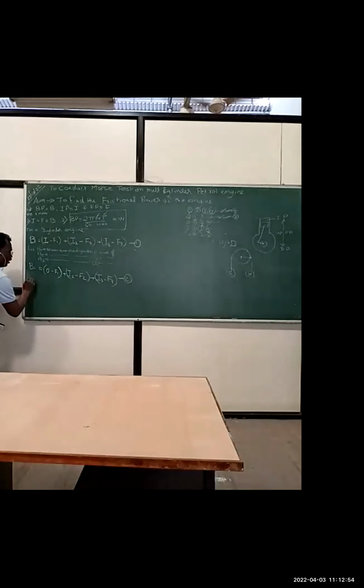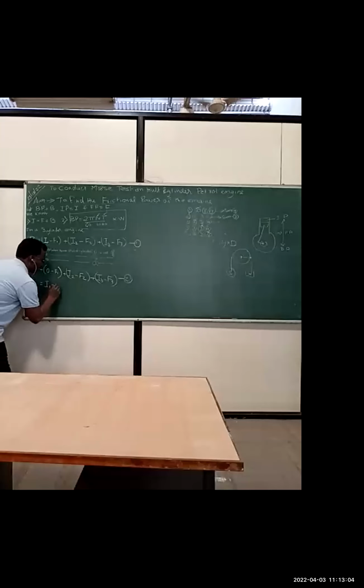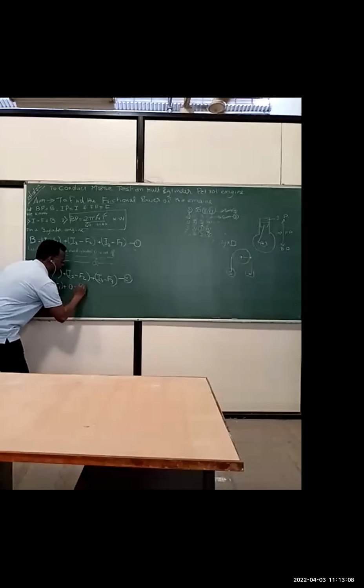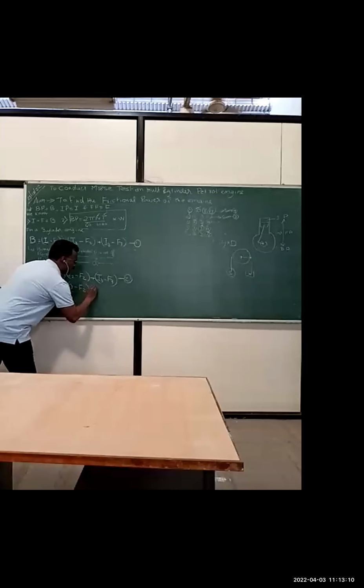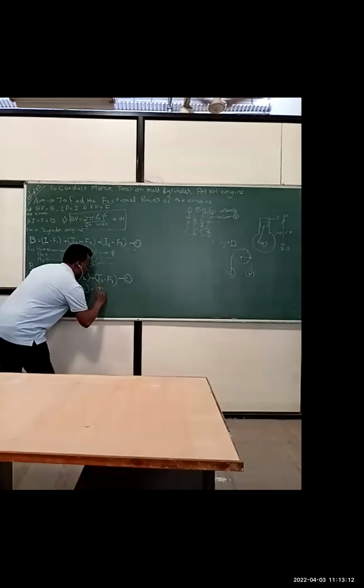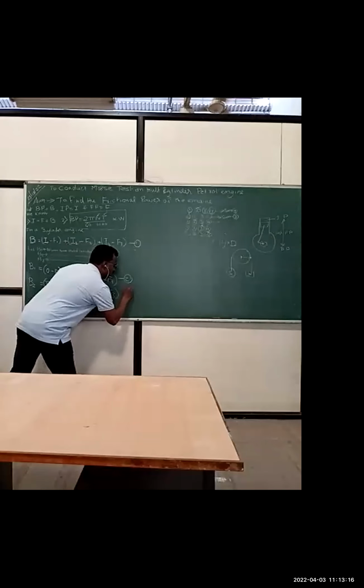Now, when B2, that is when spark plug number 2 is cut, what will be the case? The case will be I1 minus F1 plus 0 minus F2 plus I3 minus F3. Let this be equation number 3.